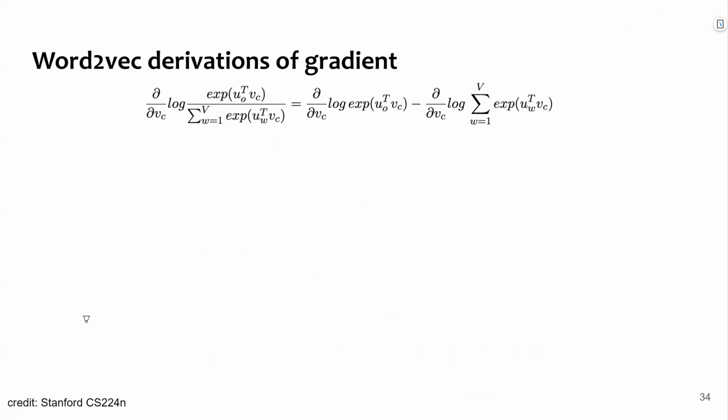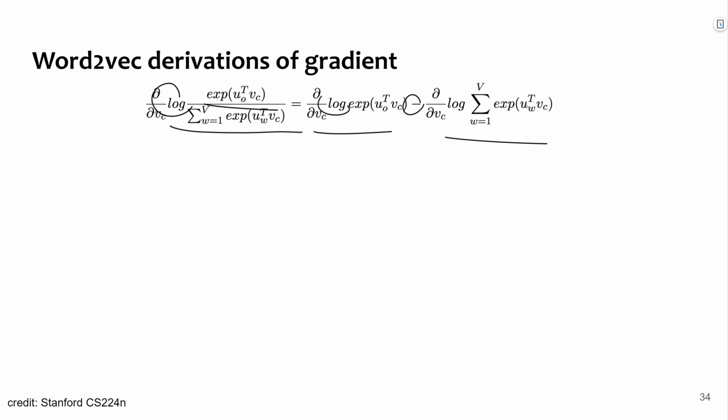And let's derive the word2vec. This was the objective function. And how do you derive this one? First, this one is a ratio. And ratio is not good for derivation because it complicates the computation. And because we have log here, we can divide this division into two terms, like subtraction.